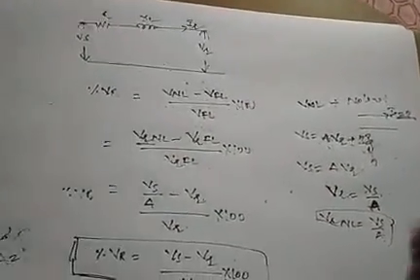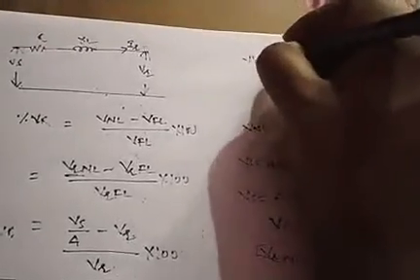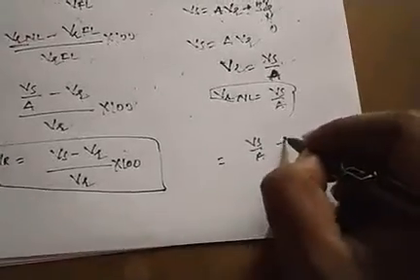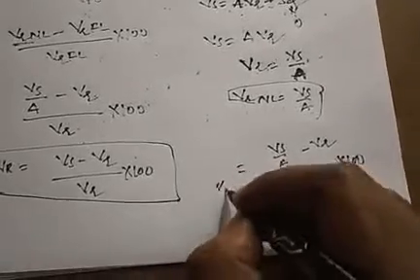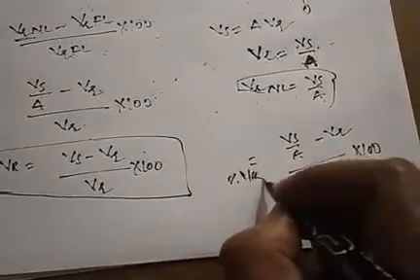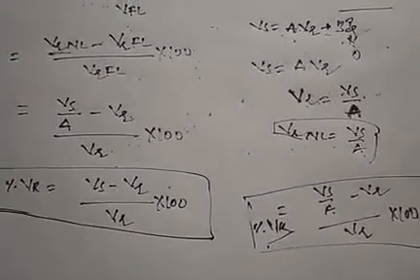So you don't say directly that regulation means Vs minus VR by VR into 100. Actually the formula for regulation is Vs by A minus VR by VR into 100. So this is the formula for regulation. A is one for a short transmission line.